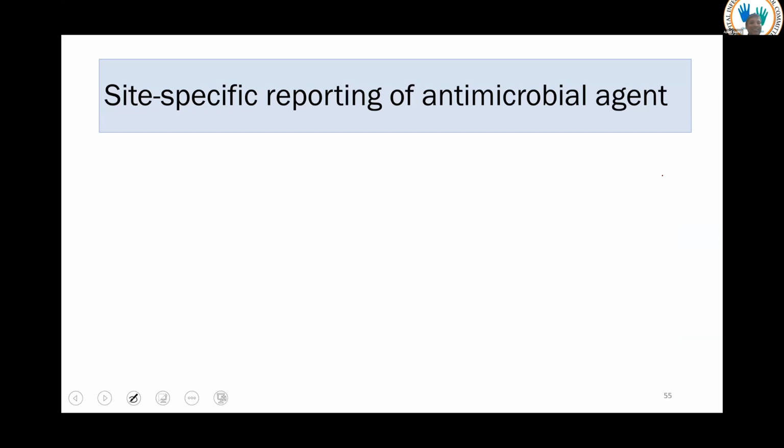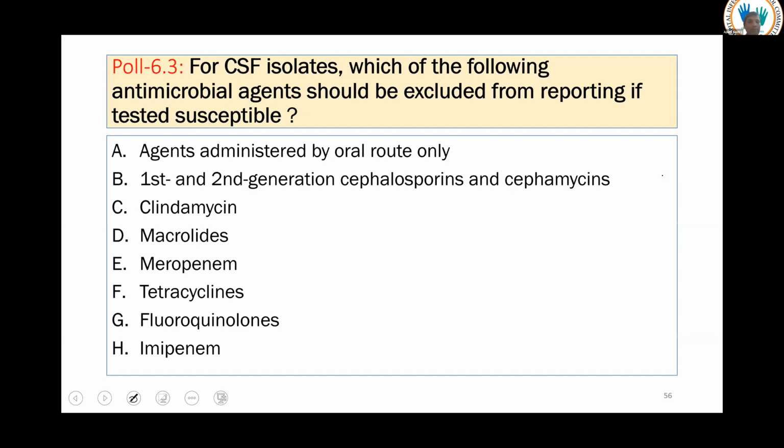Next is site specific reporting of antimicrobials. So this is also important. There are certain antimicrobials which do not penetrate the blood-brain barrier adequately, and therefore should not be reported for CSF isolate. So please remember that carbapenems do not have good blood-brain barrier penetration except meropenem.